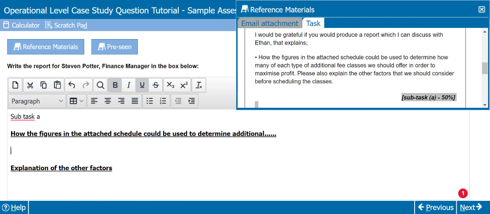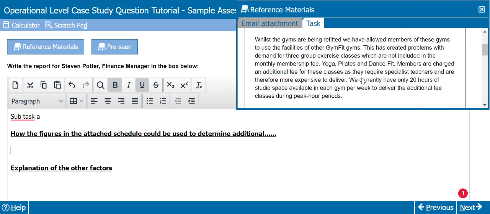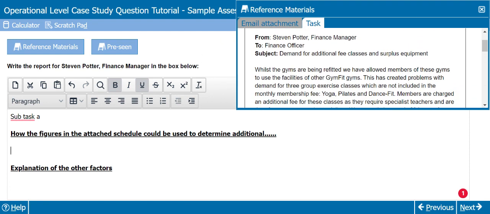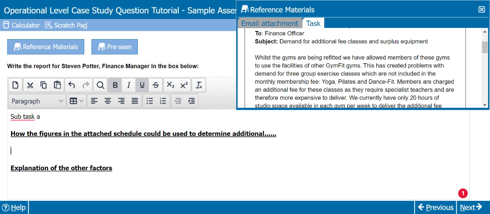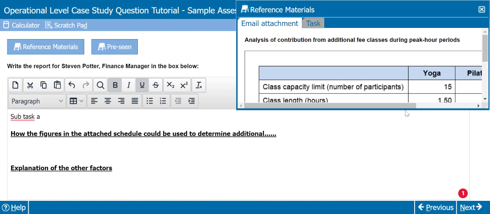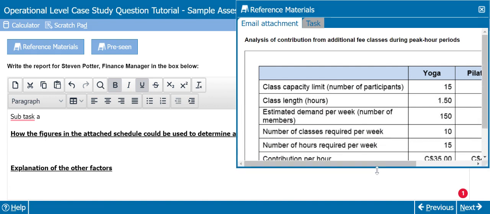Now what you need to do, now go to your unseen, start reading the unseen, right? So okay, whilst the gym are being okay, blah blah blah, right? You read it. So when you read it, right, now you know what to do, right? And also you can come to the reference material, okay, and look at it. What are the informations available, right?